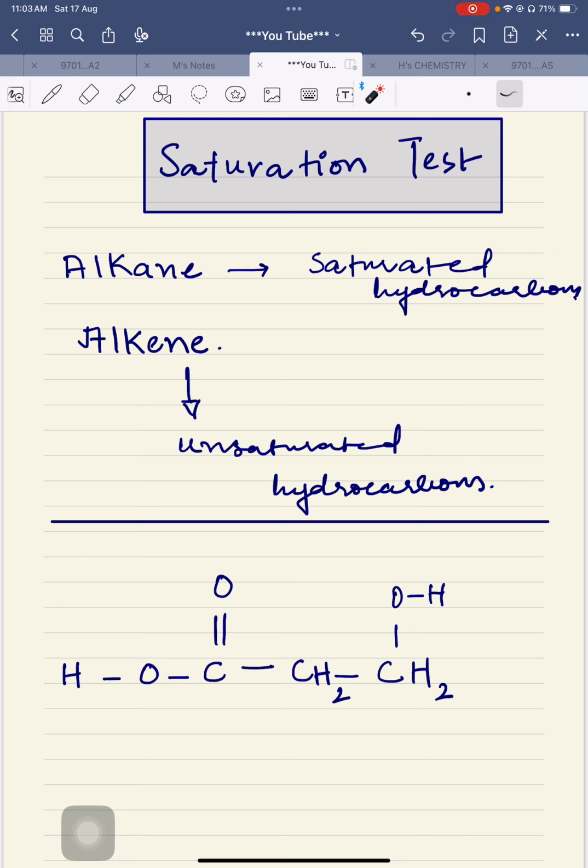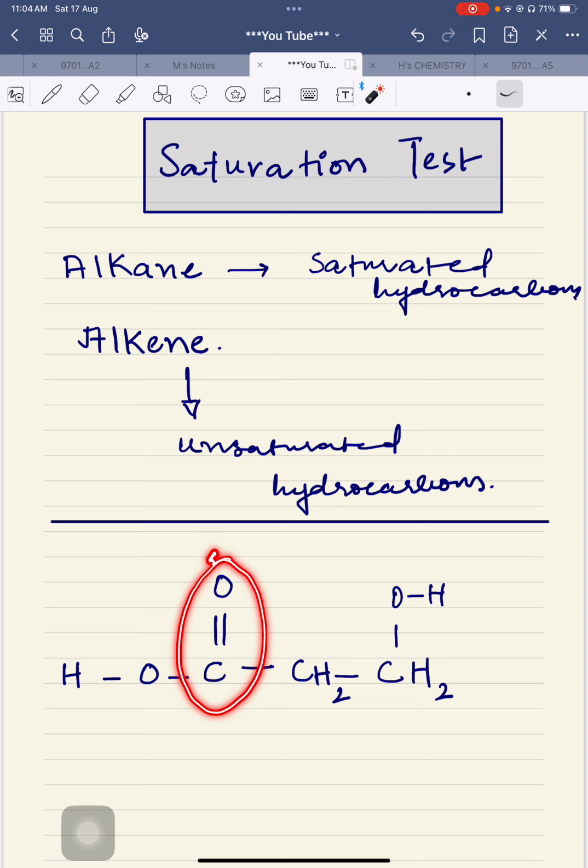Let's consider this compound as an example of finding saturation or unsaturation. Guys, there is no carbon-carbon double bond. There is a carbon-oxygen double bond. It is not considered a carbon-carbon double covalent bond. That's why this compound will be considered a saturated compound.